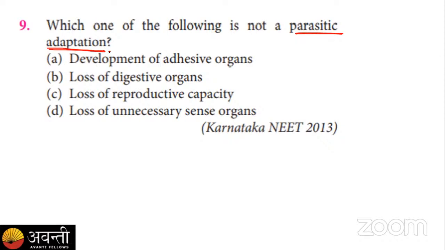Option B, loss of digestive organs. Option C, loss of reproductive capacity. And D says the loss of unnecessary sense organs, right? So give your answer out of these four options, which one is correct? Okay, for that, I'm launching the poll.